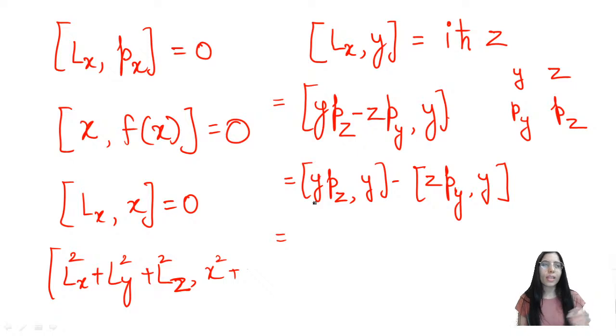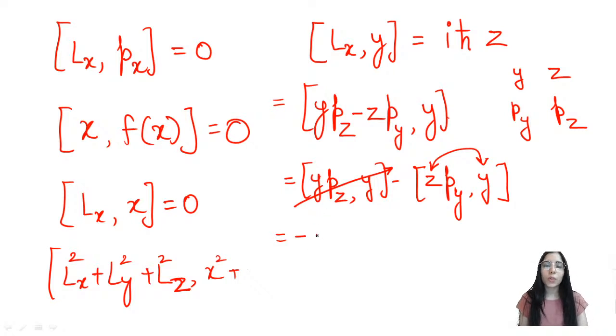In the previous class, I have also explained how you can observe it and get the answer easily. Clear? For these kinds of commutator brackets, just observe the order. So this is not going to give you any value. But if we talk about z with y, we will get 0. So the z with y pair will not give us any value. But py with y will be minus iħ.